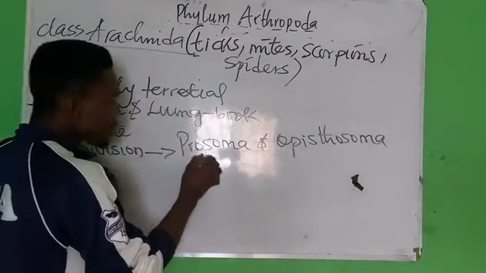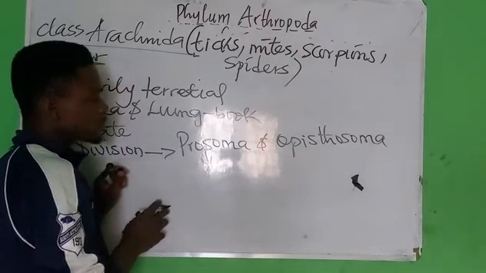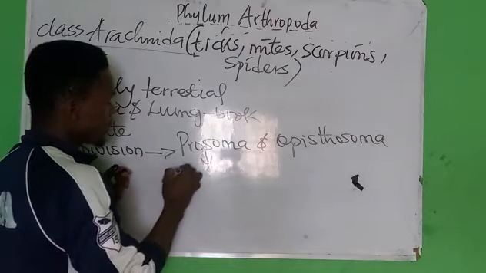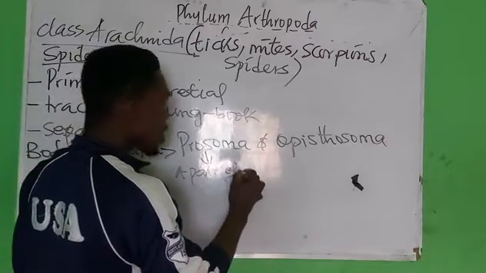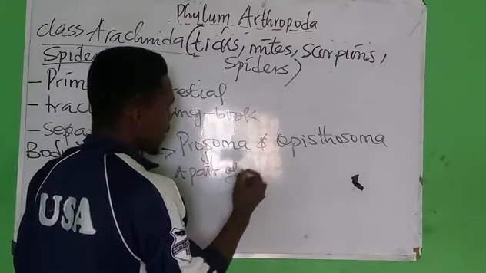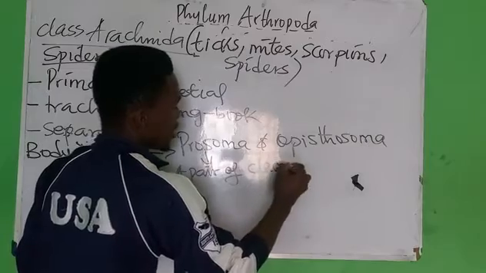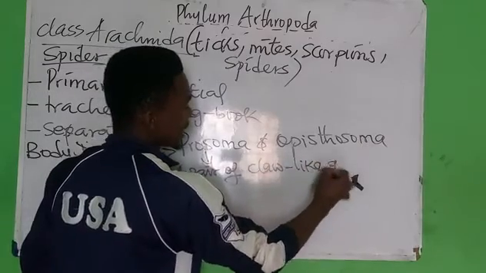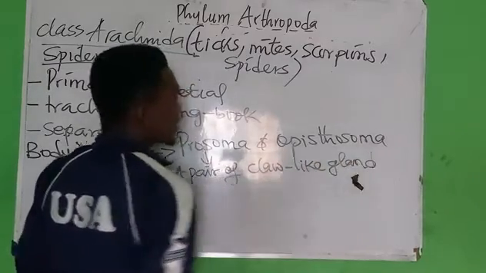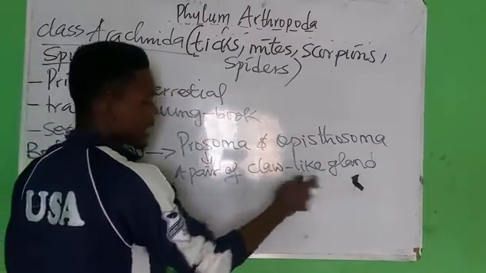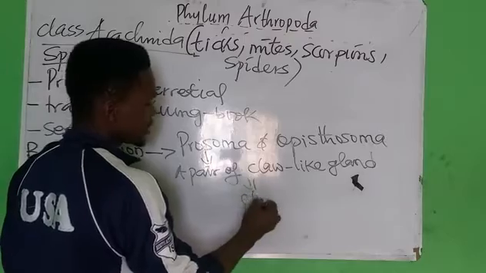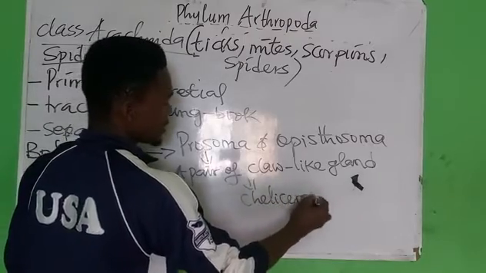In the prosoma region, you have a pair of claw-like appendages called chelicerae.